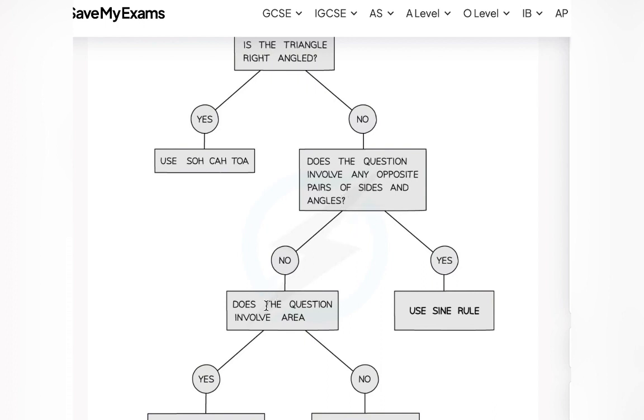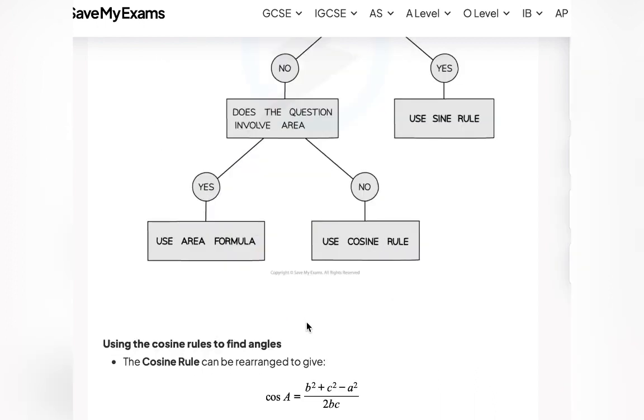If no, then does the question involve area? If yes, you use the area formula. If the question does not involve area, you use the cosine rule. They give you two sides and the angle between them and ask you to find the third side, you use the cosine rule.